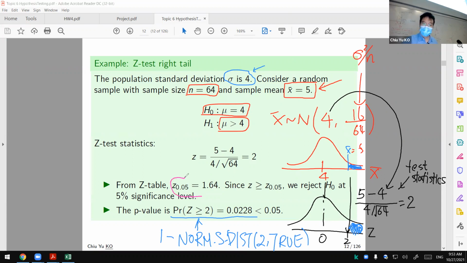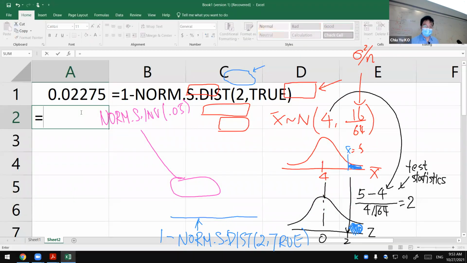This guy, how do you get it? It's just norm.S.inv and 0.05. Let me show you that's the case, but you should know it by now. This is not something terrible. It's norm.S.inv 0.05.